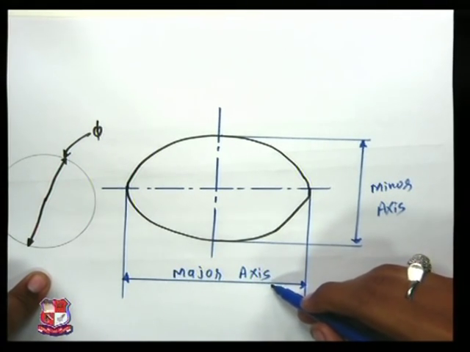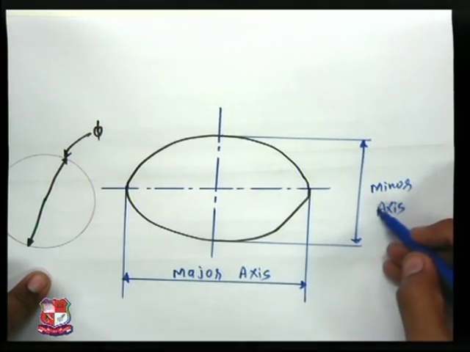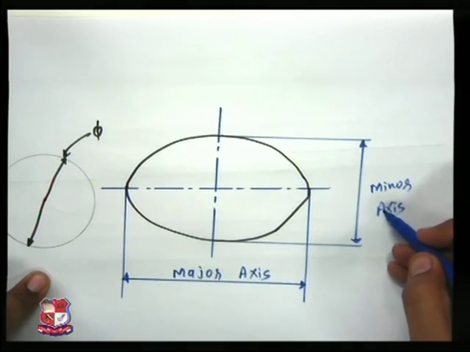We need two things, first major axis and another is minor axis.